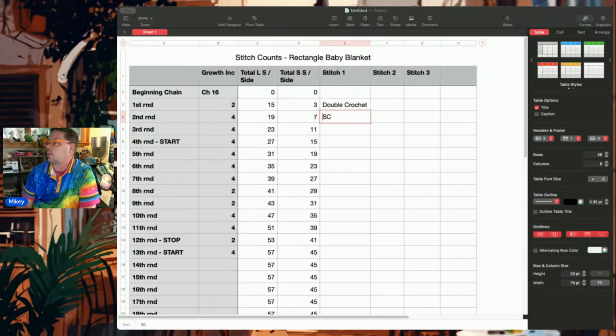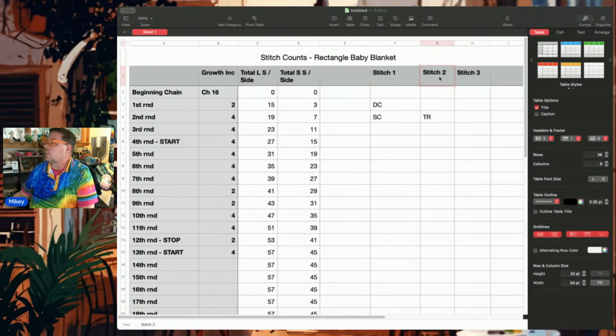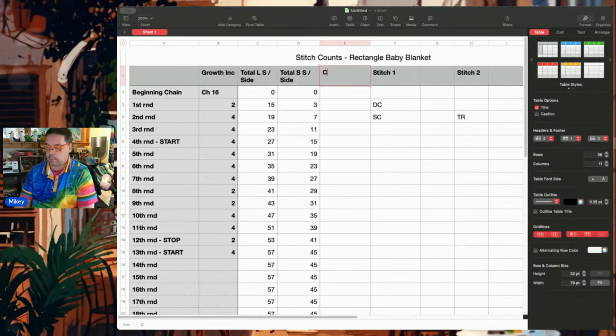Nobody's going to see this, so single crochet, DC, and there's also treble. Add a column. So we have to count.